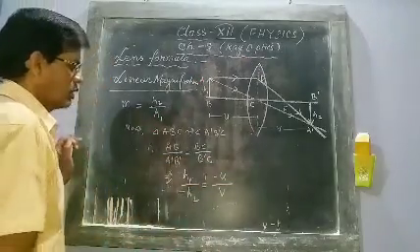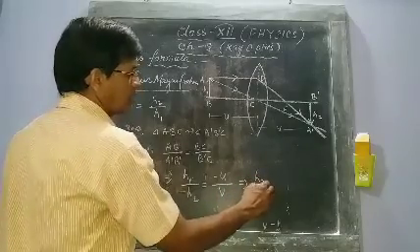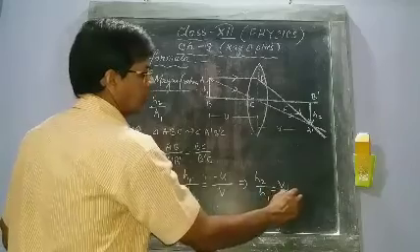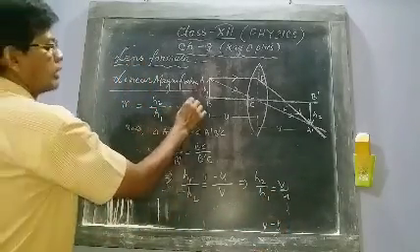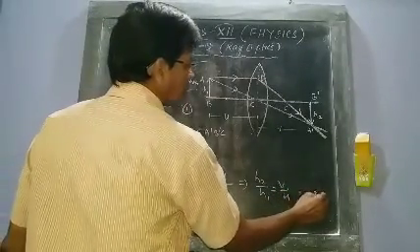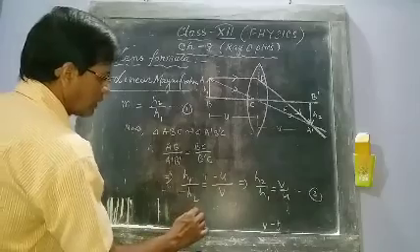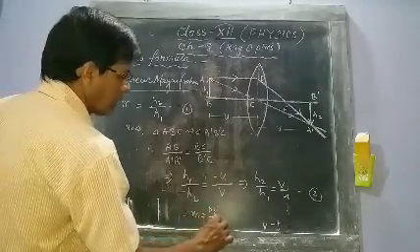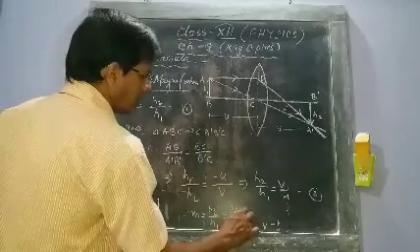So we get H2 by H1 equals V by U. Therefore, from 1 and 2, M equals H2 by H1 equals V by U.